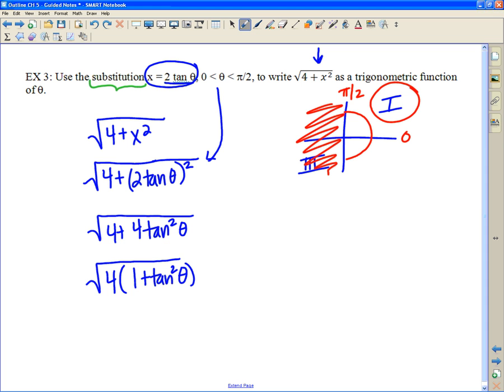I'm eager and excited to see a 1 and a tangent squared together because that turns into a Pythagorean identity. I'm going to go ahead and jot down my notes over here. This was factor. This was substitute. 1 plus tangent squared, the Pythagorean identity for that is secant squared theta.